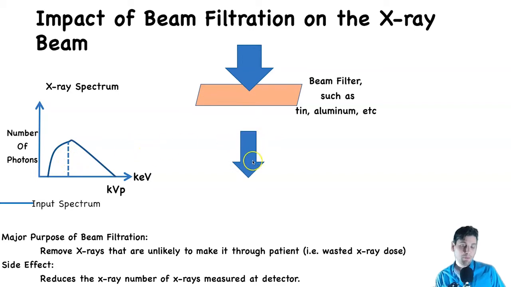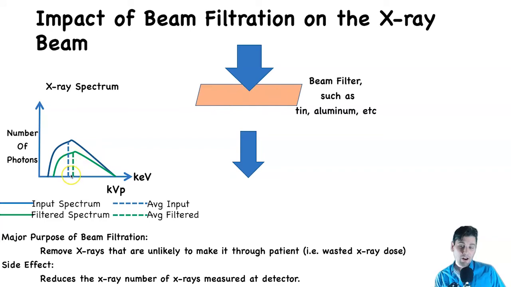After the beam is filtered, it comes out, and the filtered spectra might look something like this, where there are fewer photons because they were stopped in this material, and it has a higher average energy because the lower energy photons were more likely to be stopped inside of that material.